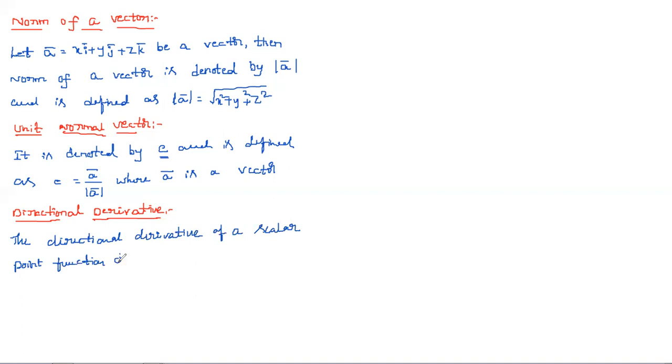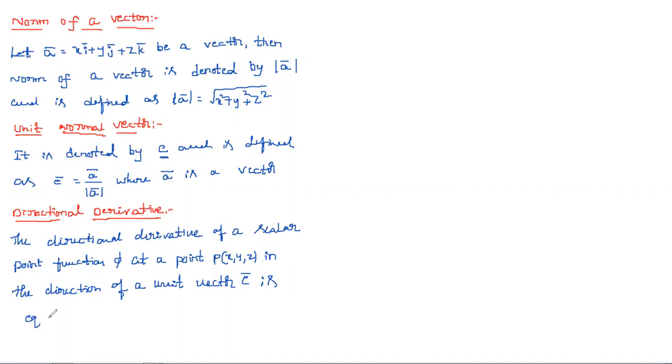phi at a point P of xyz, in the direction of a unit vector or unit normal vector E bar, is equal to E bar dot grad phi.